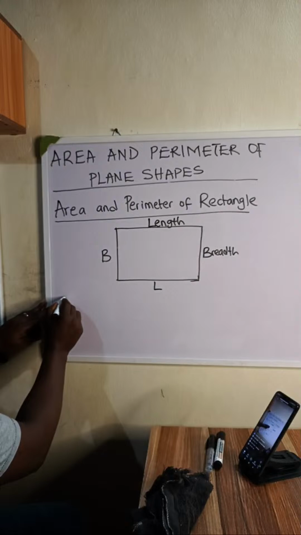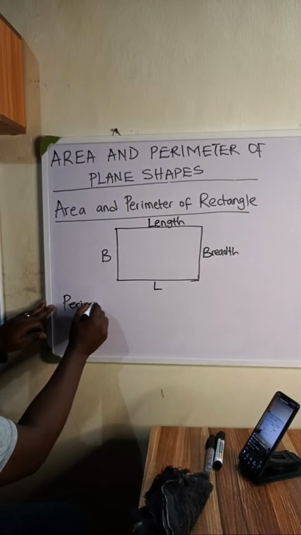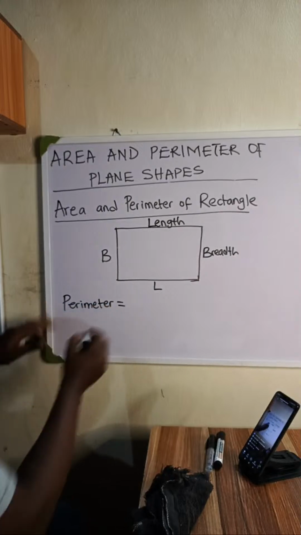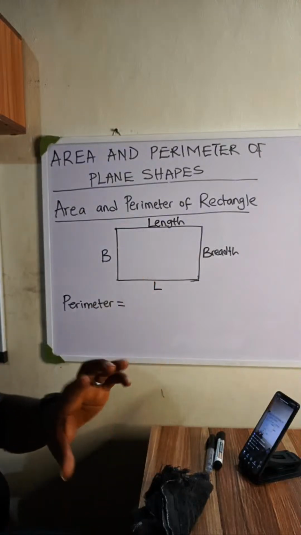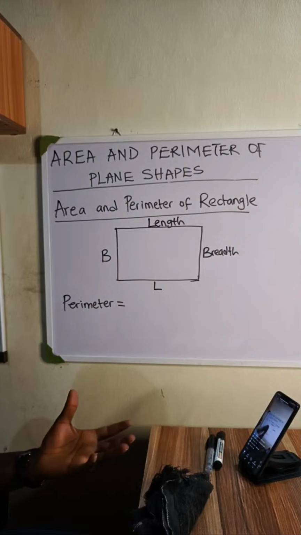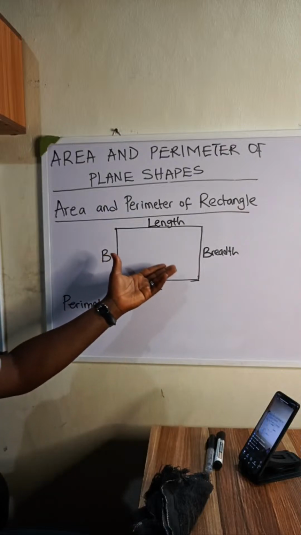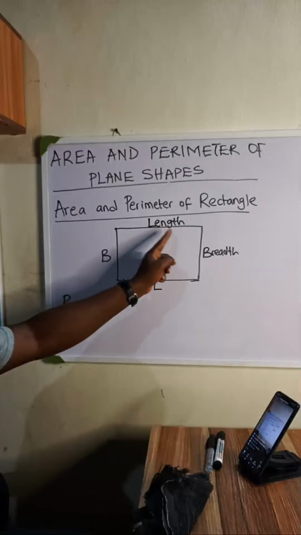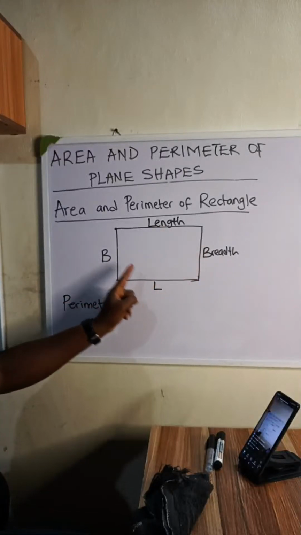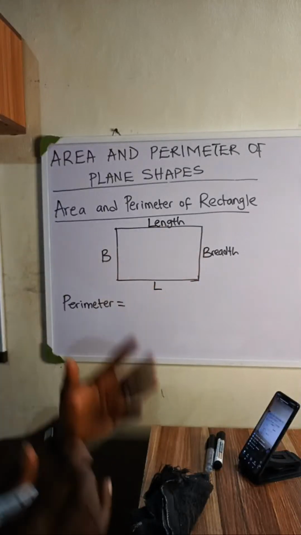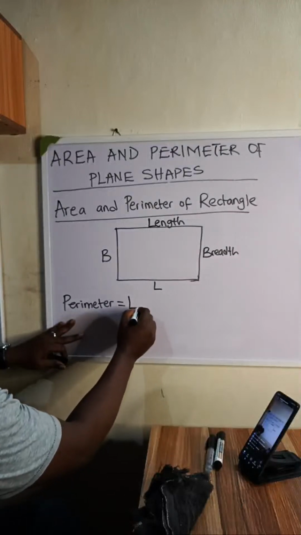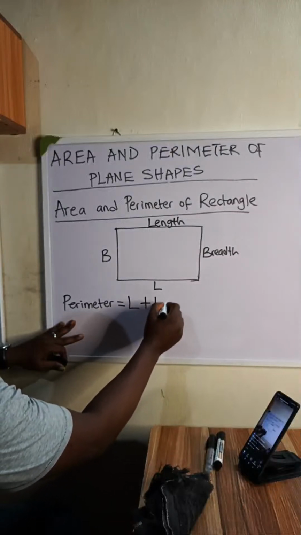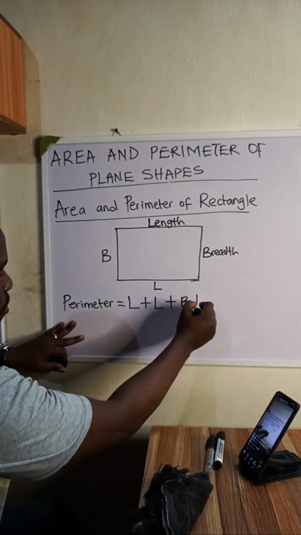So perimeter. Remember we said that the perimeter is the sum of the lines surrounding the plane shape. That means if I want to find the perimeter of this rectangle, I need to add this side plus this side plus this side plus this side. Once I add all of them together, I've gotten the perimeter of this rectangle. So I can simply say length plus length plus breadth plus breadth.